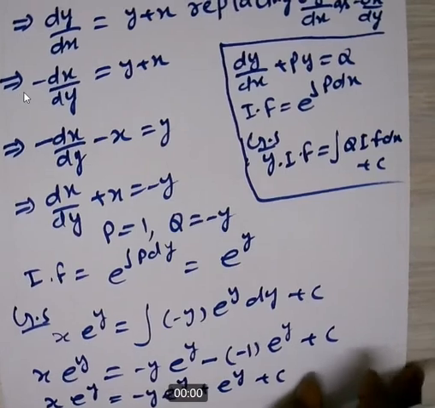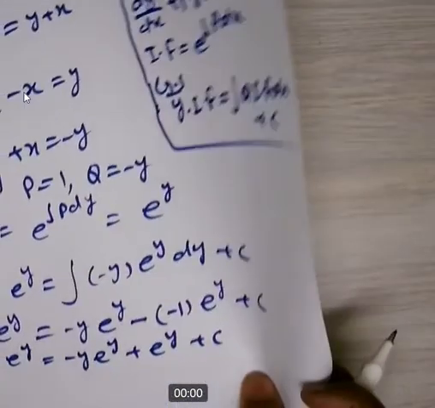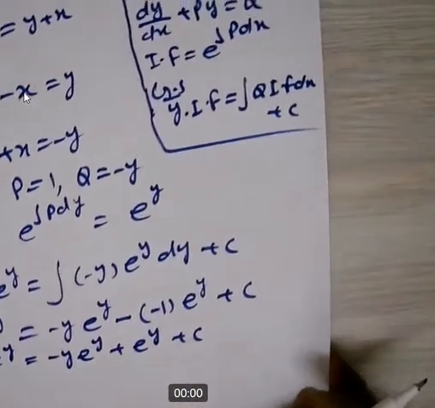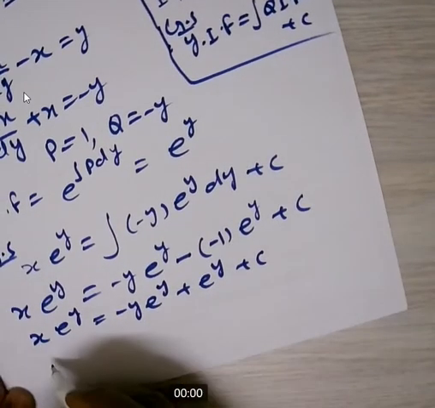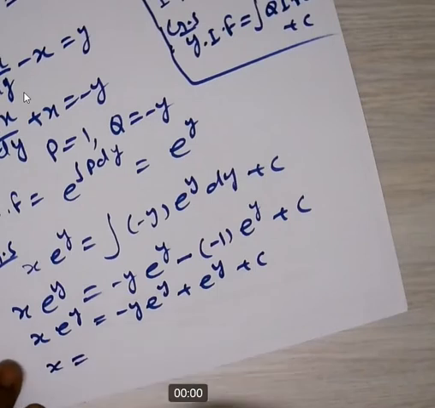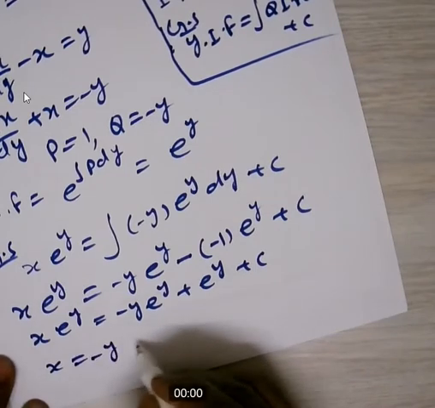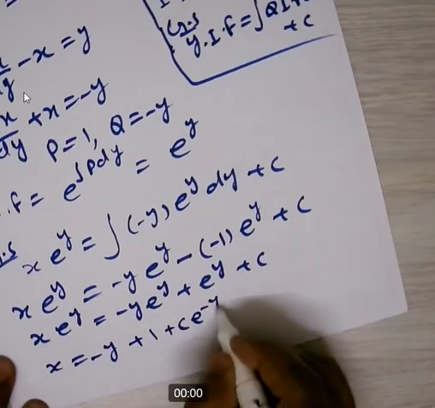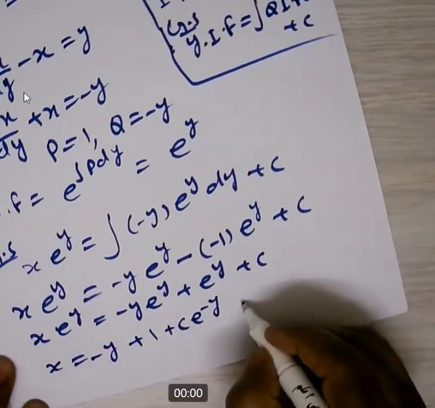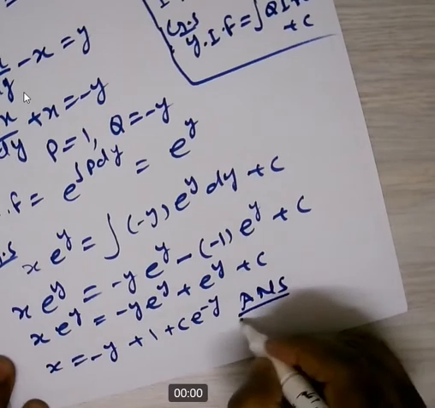Or you can simplify more: if you divide by e power y, it becomes x equals minus y plus 1 plus c e power minus y. This is the orthogonal trajectory of that question.